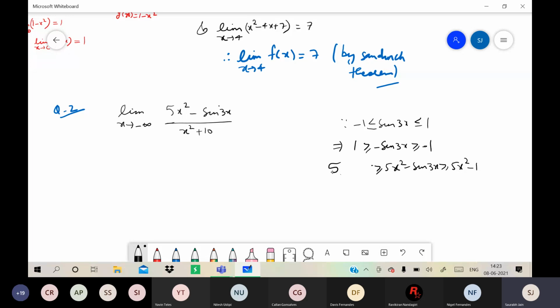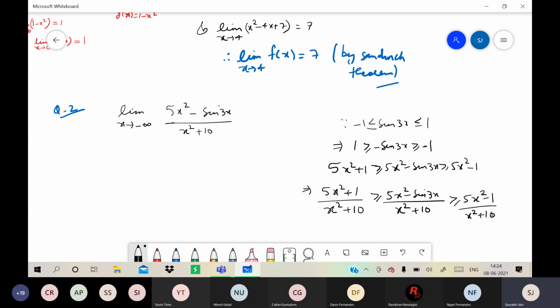So this is 5x square plus 1, adding 5x square, I have already created the numerator. Now in the last step, you will have to divide by x square plus 10. We divide by x square plus 10, and this is what we get. So this is the inequality.